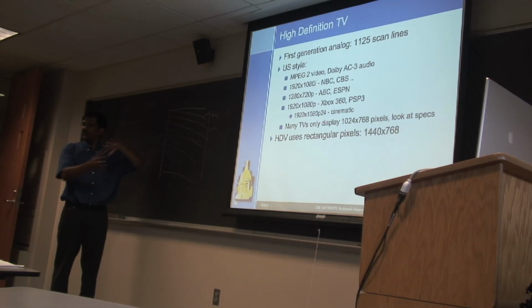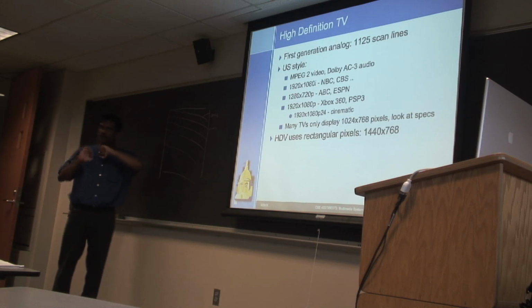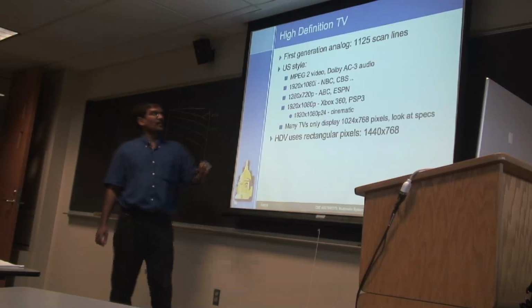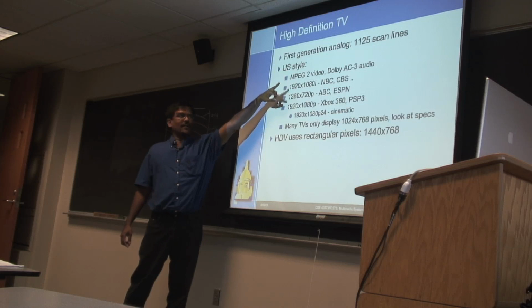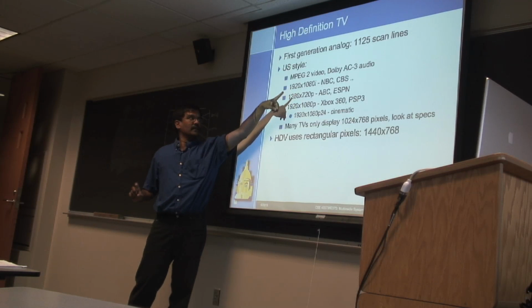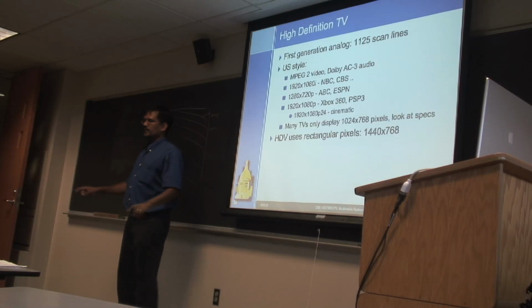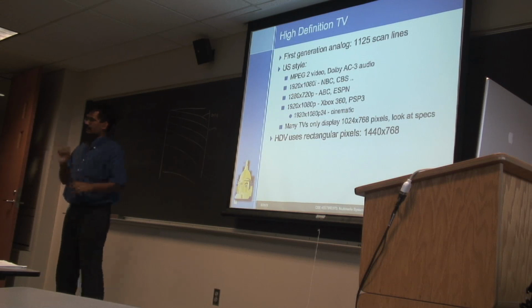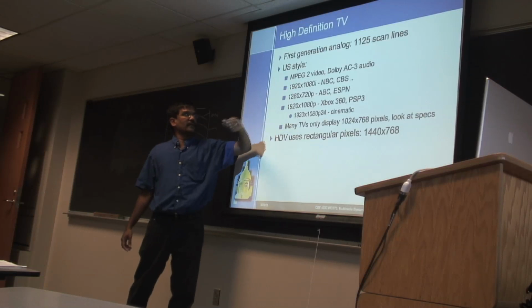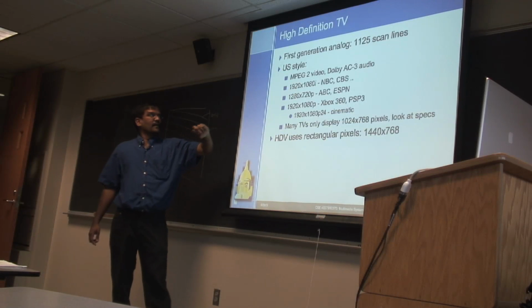It refreshes the screen with a new scene 30 times a second, right? So in terms of the bandwidth requirement, this is a slightly larger bandwidth requirement, because obviously it's a bigger screen, but it also has these scan lines going for it. This is a higher bandwidth requirement. This is a slightly lower requirement.